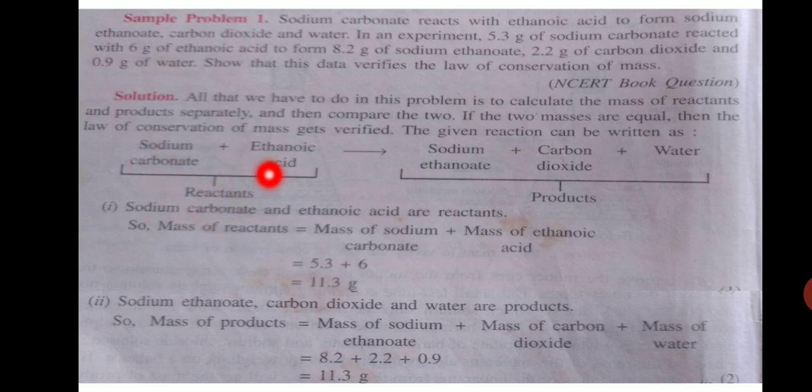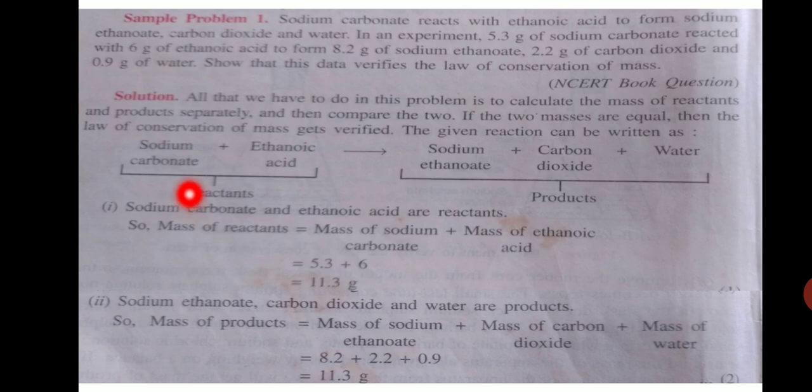Sodium carbonate and ethanoic acid are the reactants. To form sodium ethanoate, carbon dioxide and water means these are produced after combining together. So what are the products? Sodium ethanoate, carbon dioxide and water. These three are the products. So we got the products and the reactants.